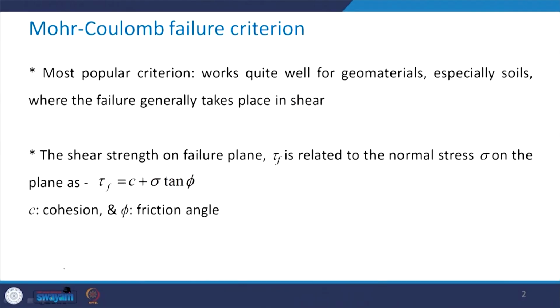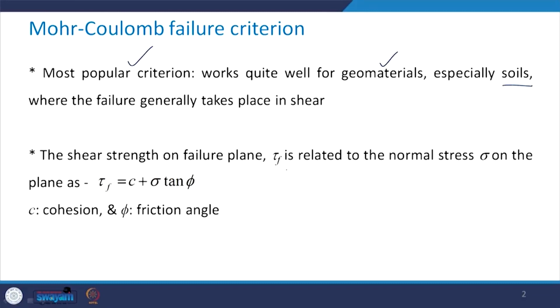We all know that the Mohr-Coulomb failure criterion is one of the most popular criteria, and it works very well for geomaterials, especially for soils where the failure generally takes place in shear.